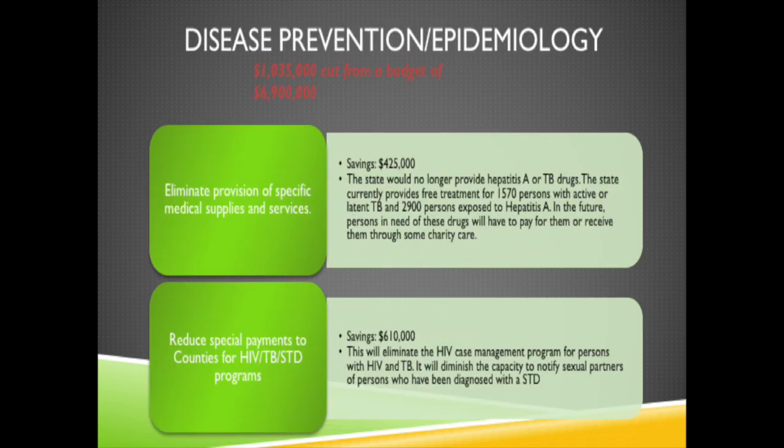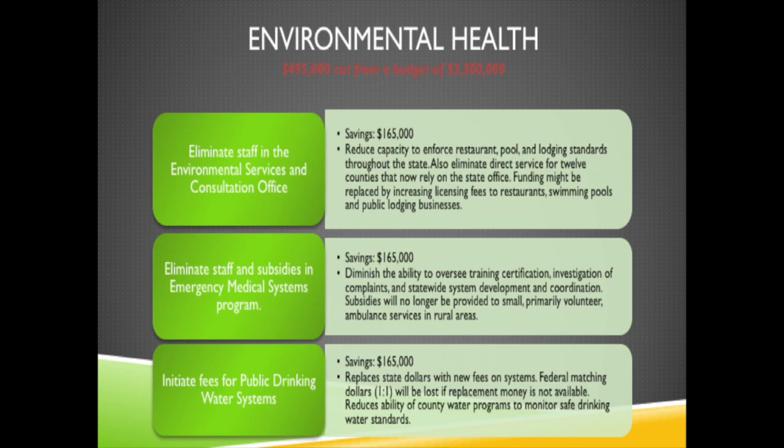And here's an example of what would be eliminated if we were to cut some portion of the disease prevention and epidemiology, but there's also cost savings to this. And how would it affect environmental health? In this case, it would eliminate staff in a particular office. It would initiate fees for public drinking water systems.